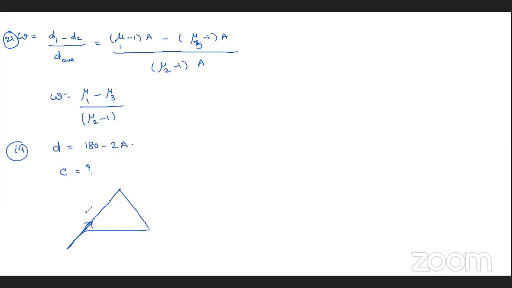I plus E is 180 minus A. D is I plus E minus A, this is what I'm saying. Okay, very good. And here you are saying that I plus E equals 180 minus A, by equating it to 180 minus 2A.